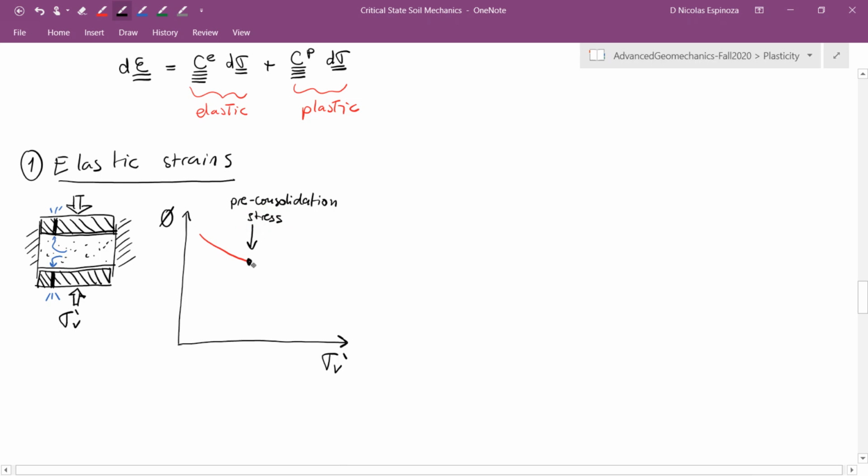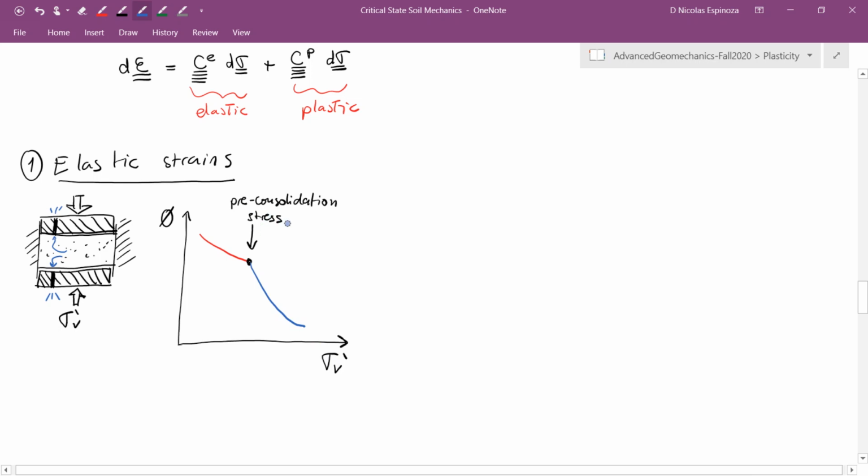Once you reach that pre-consolidation stress, after that you start to see significant changes of porosity with increasing effective vertical stress. So that increasing a little bit the effective vertical stress is going to cause a more pronounced change of the porosity.